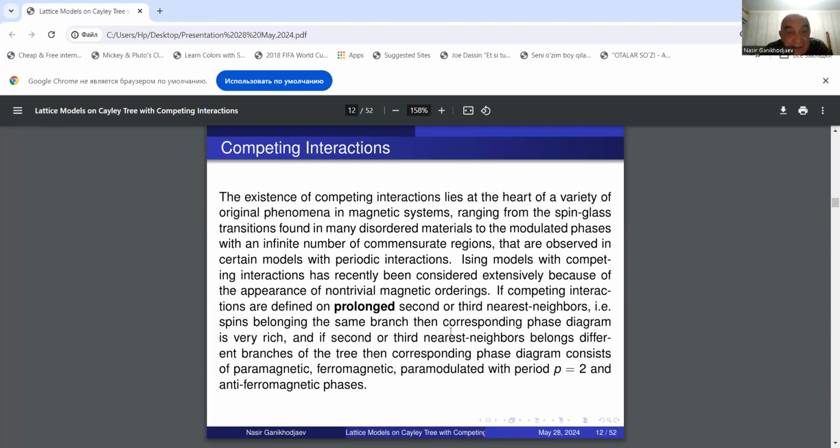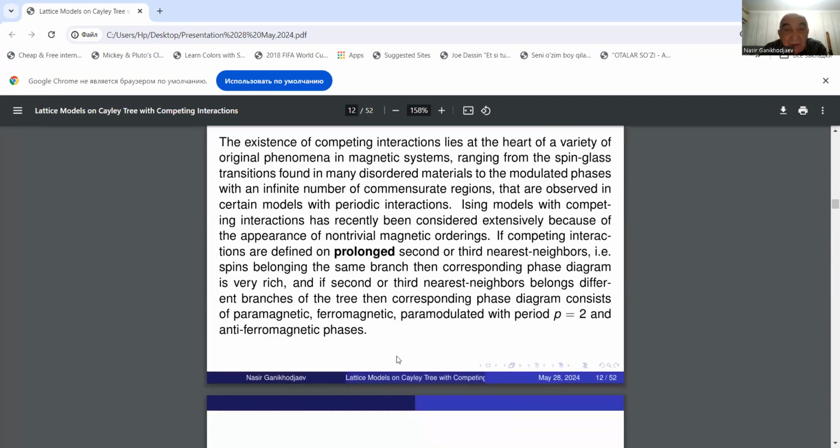And if second or third neighbors belong to different branches, in this case the phase diagram consists of no more than four different phases, namely paramagnetic, ferromagnetic, paramodulated, and a phase with period 2, which is called the anti-ferromagnetic phase. So let us consider examples.